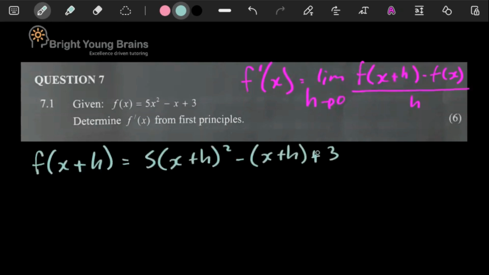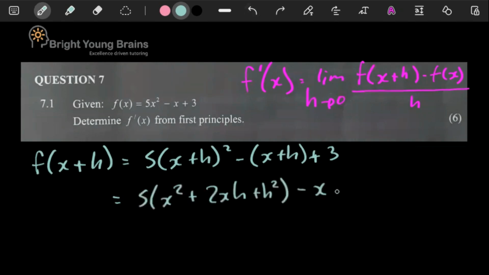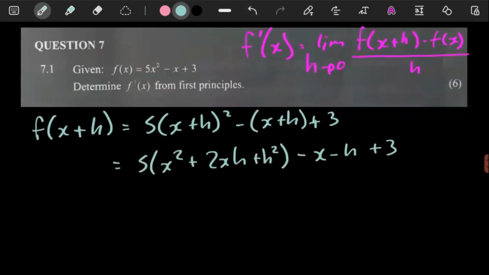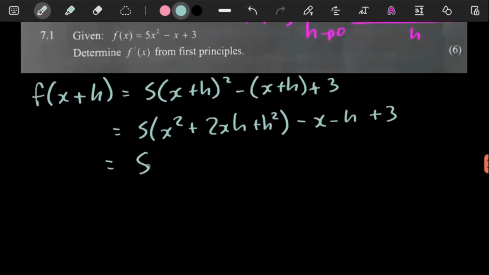And then you're going to have 5 times x squared plus 2xh plus h squared, and then minus x minus h plus 3. If you carry on some more, it's going to be 5x squared plus 10xh plus 5h squared minus x minus h plus 3.